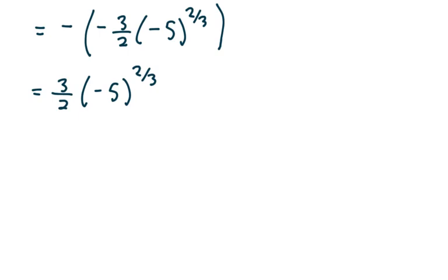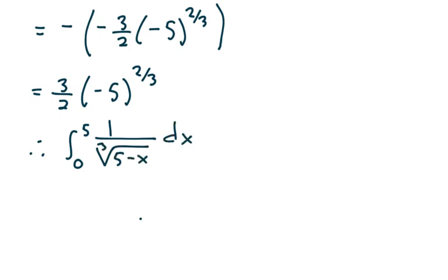Now, at the end of the day, what that says is that the integral from 0 to 5 of 1 over the cube root of 5 minus x dx converges. Now, your instructor, by the way, might want you to write this as negative 3/2.